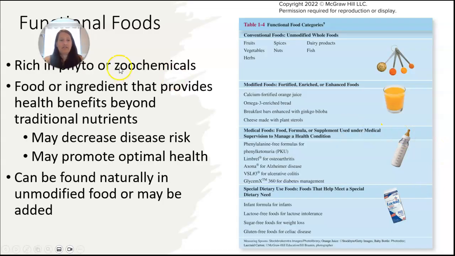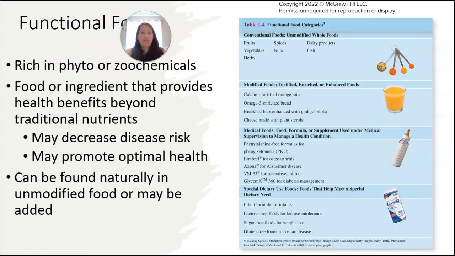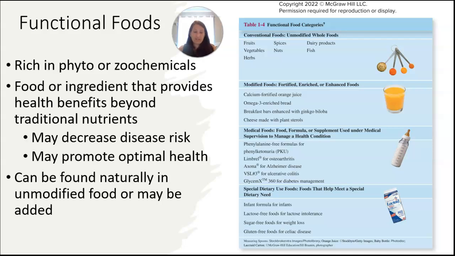Lastly, we'll come back to functional foods. So functional foods can be rich in phyto and zoochemicals, these chemicals that again are not considered essential nutrients but have been shown to really have positive health effects, like reducing disease risk and promoting optimal health.